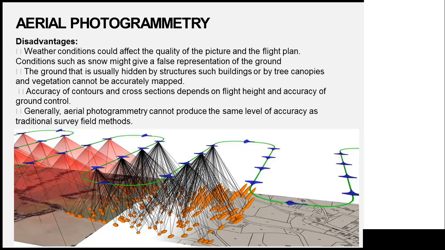Now there are certain disadvantages also at higher altitudes and in mountainous areas. It may be difficult to capture these types of photographs, and the accuracy might be affected at the different contours, because you are capturing the photograph, but if a mountain is there, it will have a slope, right?